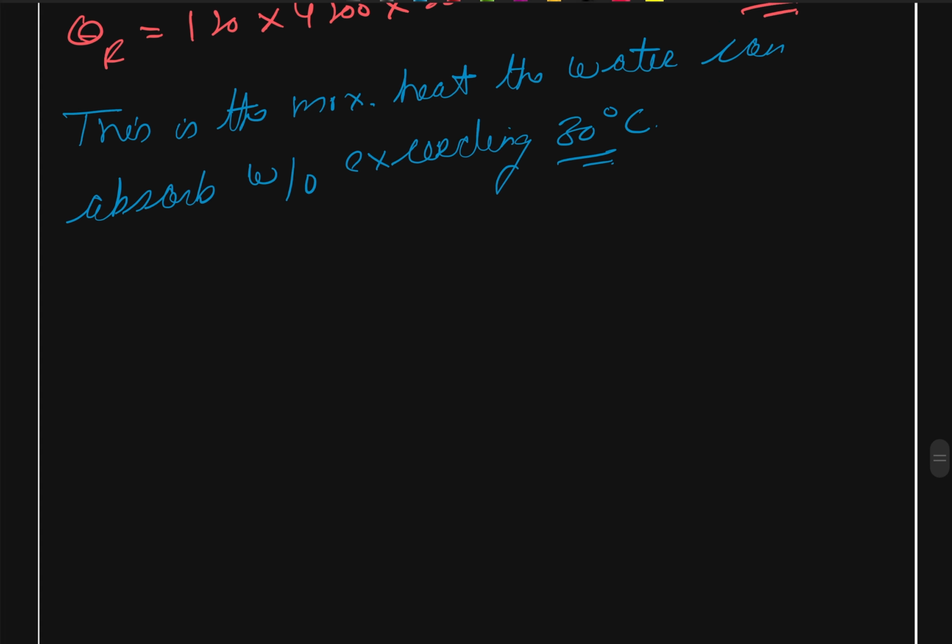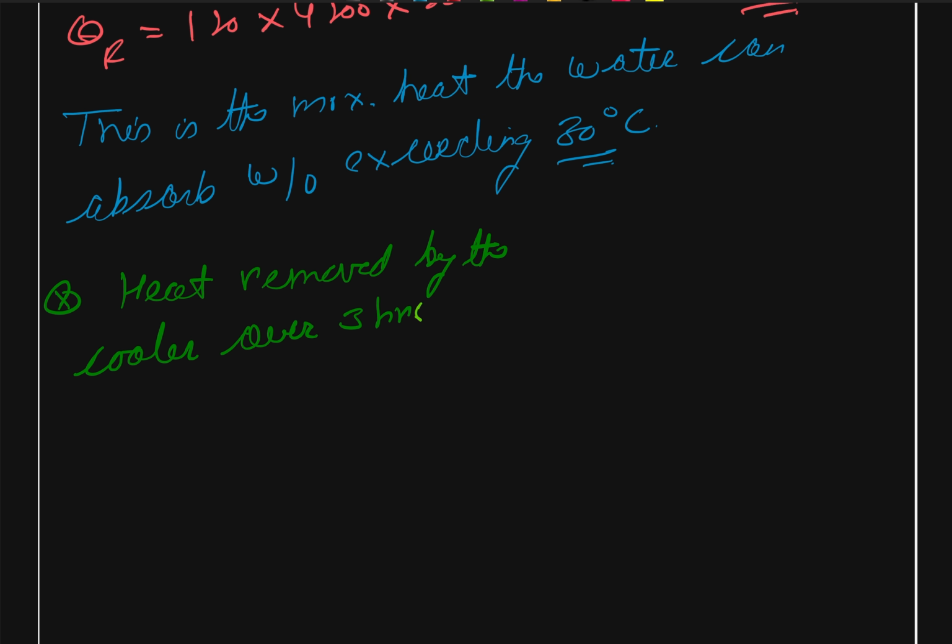So we can say that the heat removed by the cooler over 3 hours, we can say this as our Q of the cooler, will be equal to P multiplied by T, and this comes as P times the time, which we already know is 10800 seconds.